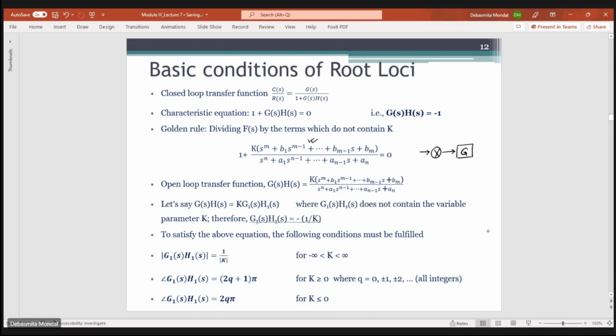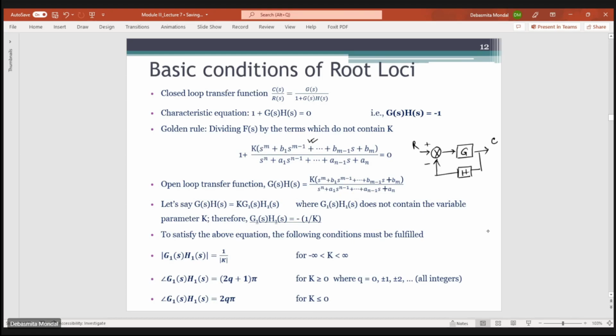If this is your G and this is your H, this is your input and this is your output, ideally the open loop transfer function should be G, but if you have a unity feedback closed loop system, then G into H is nothing but G.